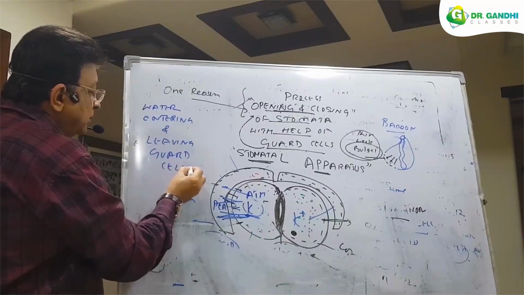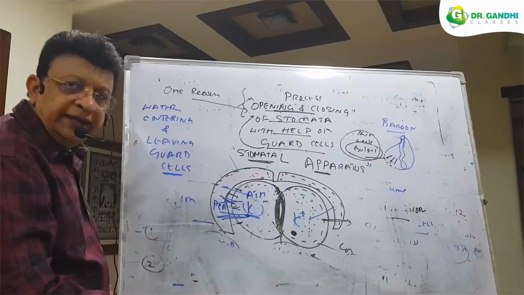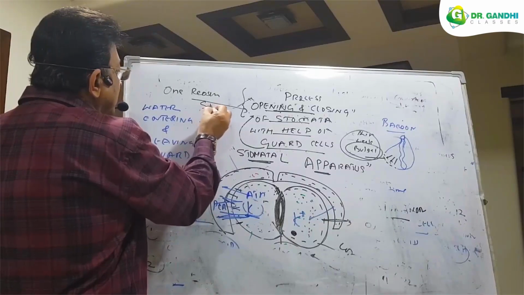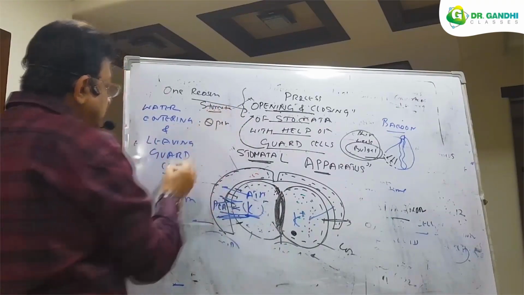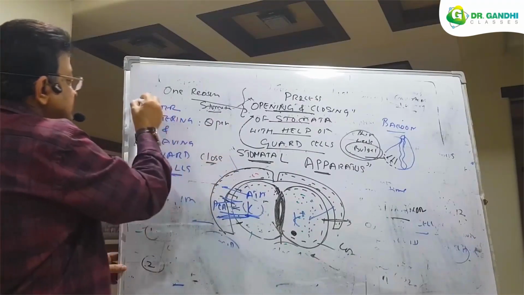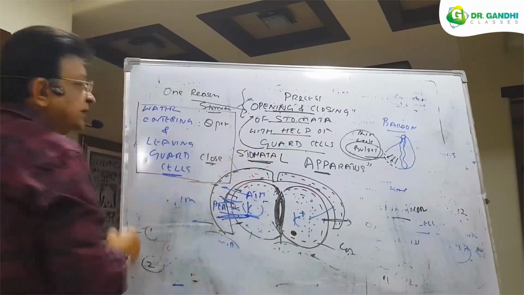So when I send you markings, please make a note here. When water enters a guard cell due to any theory, the stomata open. And when water leaves the guard cells, the stomata close. So this is the main reason for opening and closing of stomata.